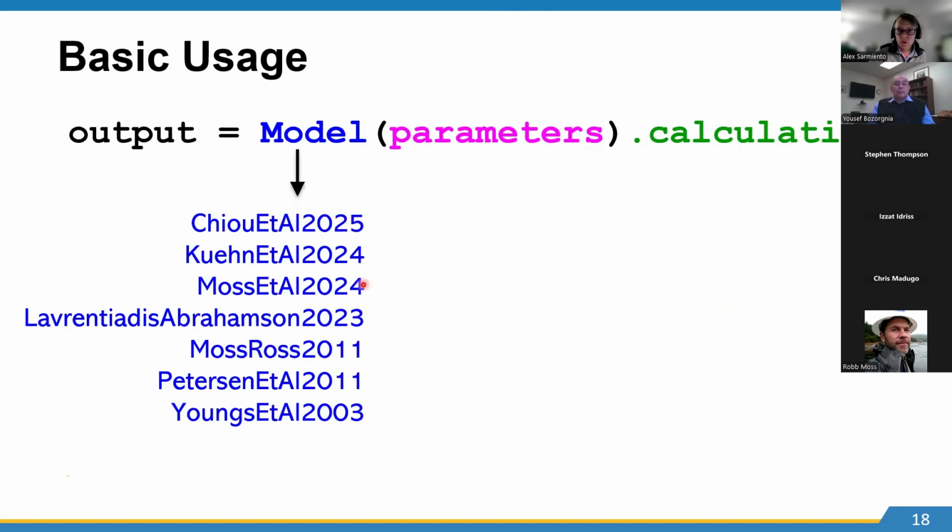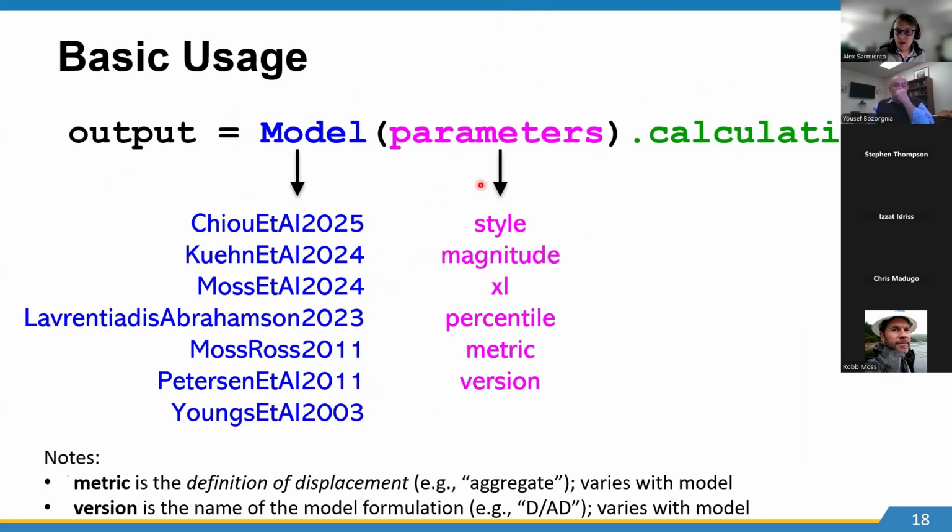We have the 4 new fault displacement models that are coded up and available here, as well as the 3 earlier models that we mentioned in the previous talk. The parameters that you would use to initialize the model are probably what you would expect. Style of faulting, magnitude. XL is that X over L, normalized position along the rupture length.